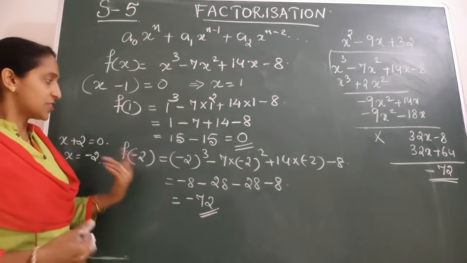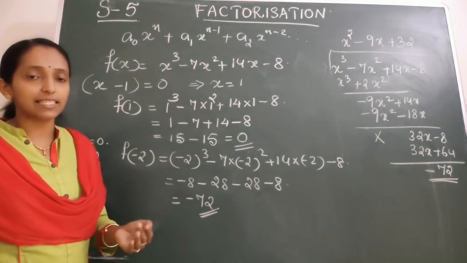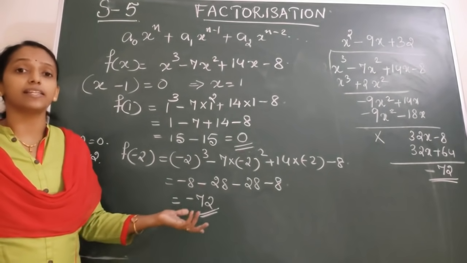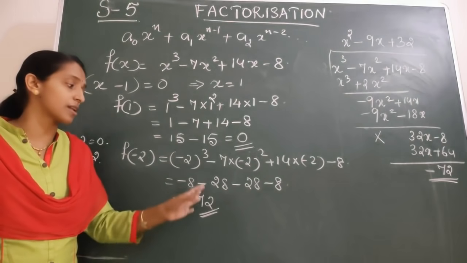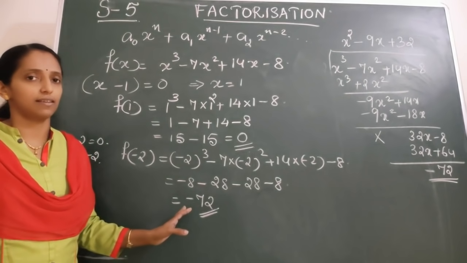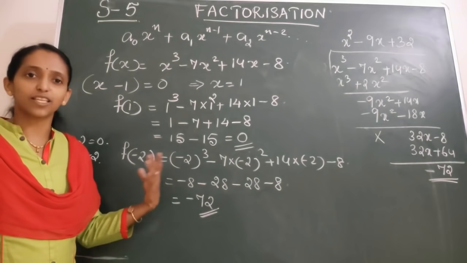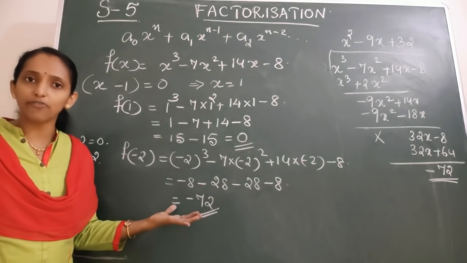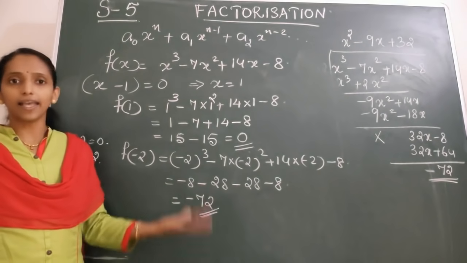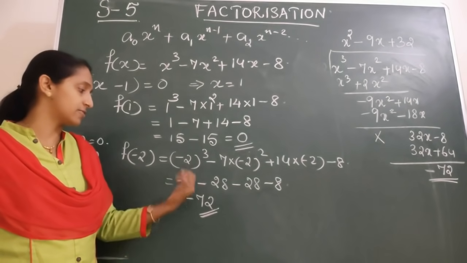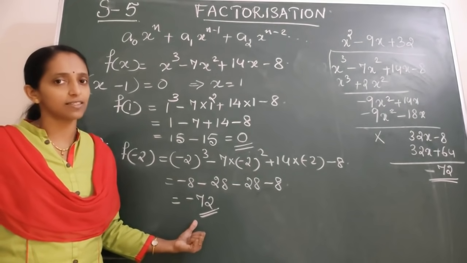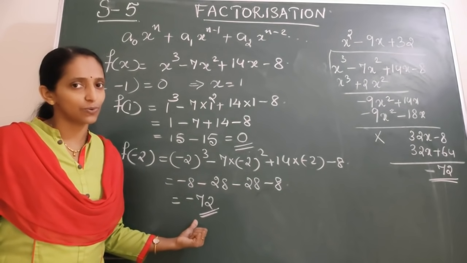Clear? Instead, if x minus a leaves any remainder, any constant, which in general form we have taken as k, in that case x minus a is not a factor of f of x, and x minus a leaves the remainder k.